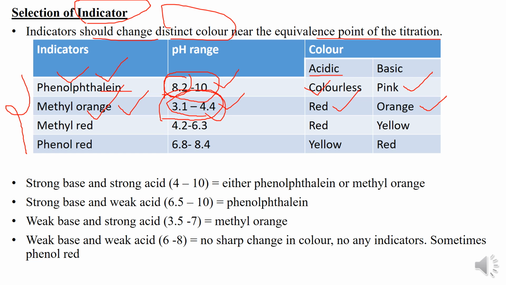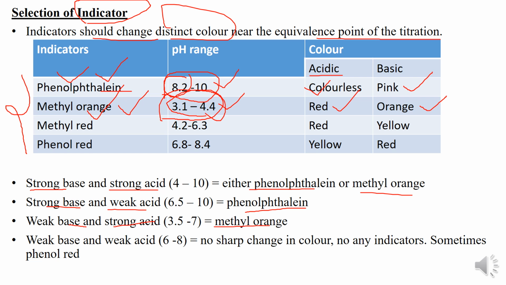During titration, if strong base and strong acid are used, then we could select either phenolphthalein or methyl orange as indicator. In case of strong base and weak acid, phenolphthalein is used as the indicator. For weak base and strong acid, methyl orange should be selected.